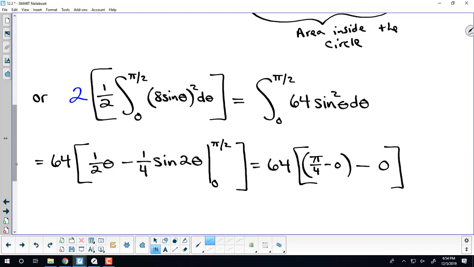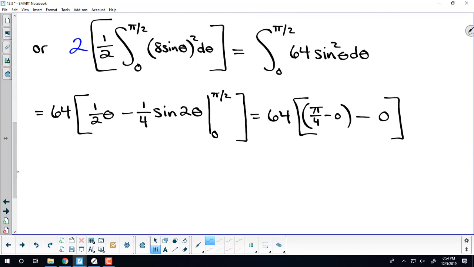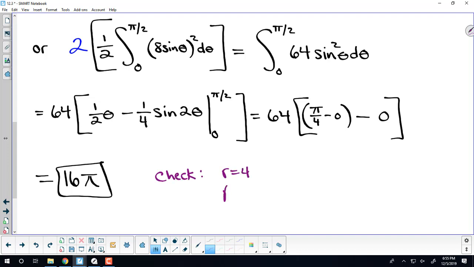We have 64 pi over 4, which is 16 pi. And again, our check was that it was just a circle of radius 4, pi r squared.